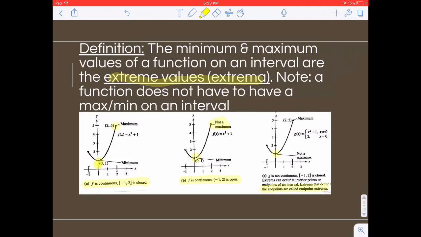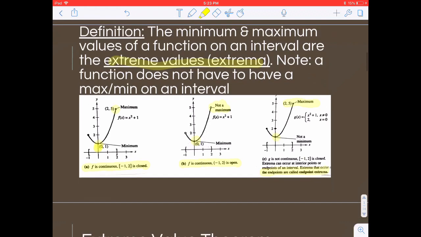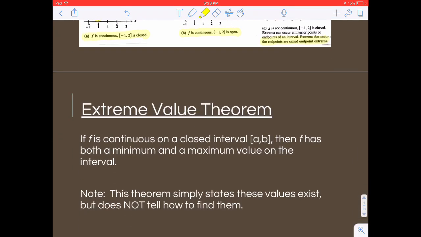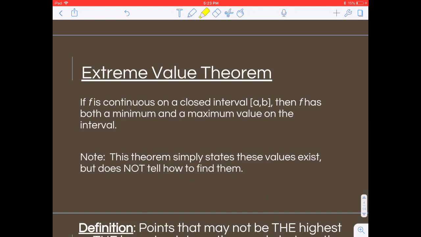So we have this still as a maximum here for us, and that is not a minimum because it's not included. So no minimum there. All right, so we have the extreme value theorem. That states if f is continuous on a closed interval [a, b], then f has both a minimum and a maximum value on the interval. Note this theorem simply states these values exist, but does not tell how to find them.